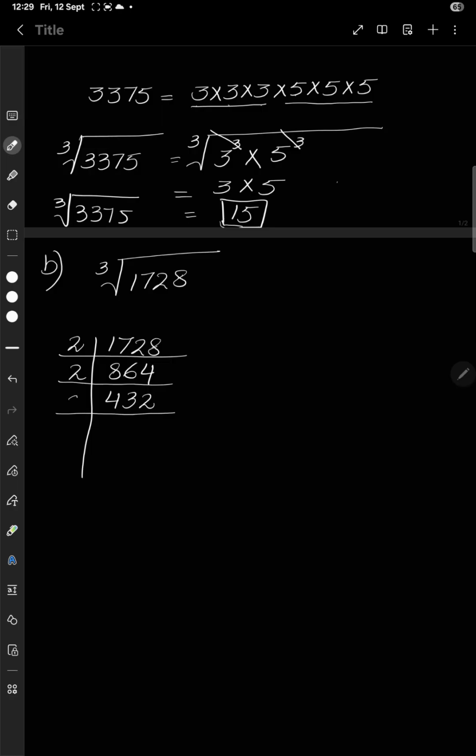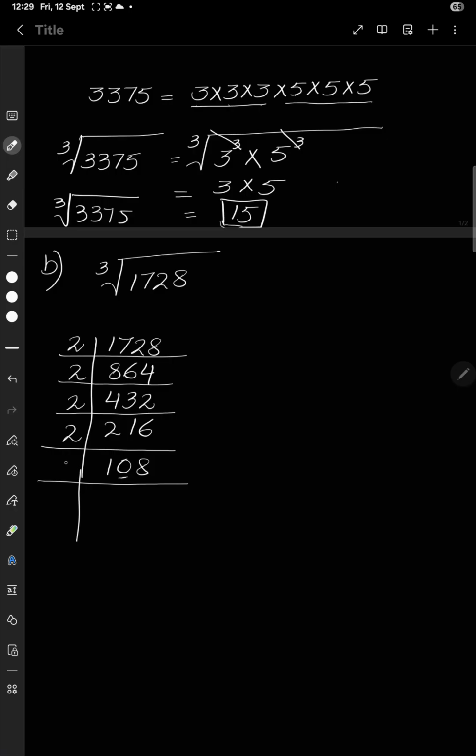Again I will divide this number by 2, and my answer will be 216. Again an even number, I will divide this number again by 2. 108. Be careful, some students forget to mention this 0, they write 18 and the rest of their question goes wrong. Be careful while you are dividing 216 by 2.